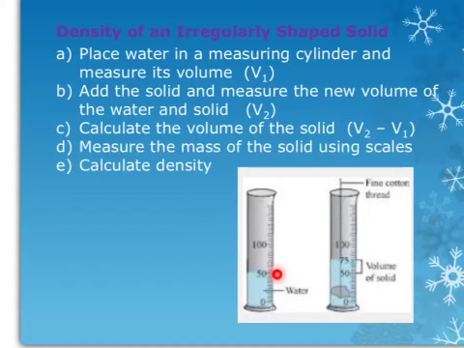They all mean the same thing. Then add that solid, the little piece of stone, into the measuring cylinder and take the new volume with water and solid in it, call it V2. In this case, the total volume is 75. And 75 minus 50 gives you 25, which is the volume of the solid. In other words, V2 minus V1.